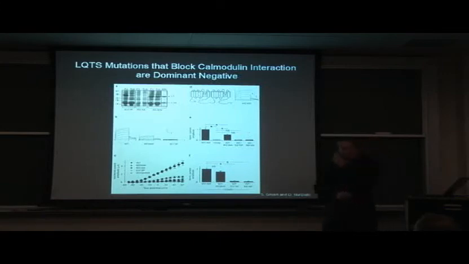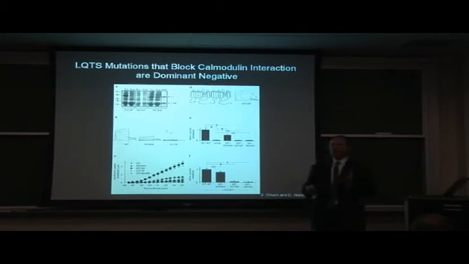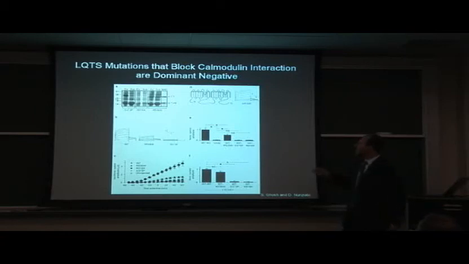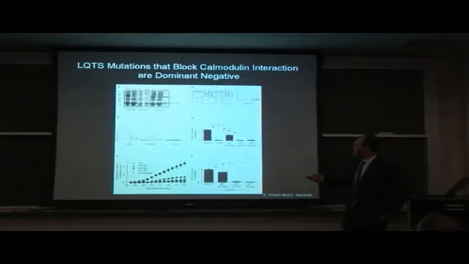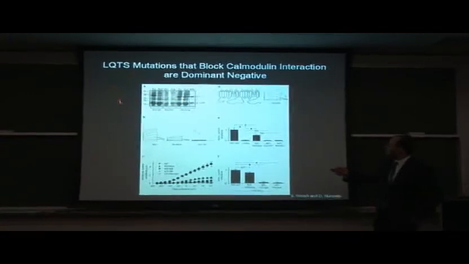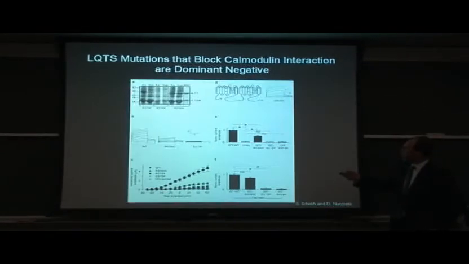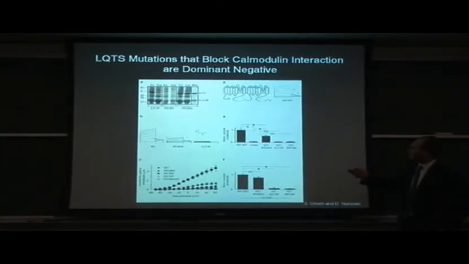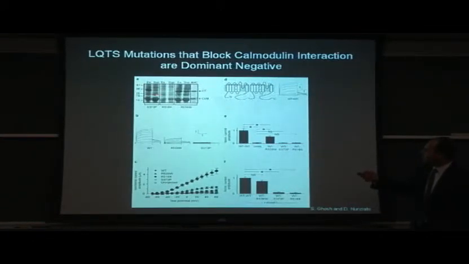The nice thing about KCNQ1 is that it's rife with long QT mutations, so you have a bunch of mutations that you know are going to be important to trying to figure out what's going on. And so we used that information to look at mutations that were in either IQ motif 1 or IQ motif 2 to try to continue to address how many calmodulins were bound and where the binding site was. What we're able to demonstrate is that a long QT mutation in IQ motif 1 prevented the ability of us to generate soluble material.